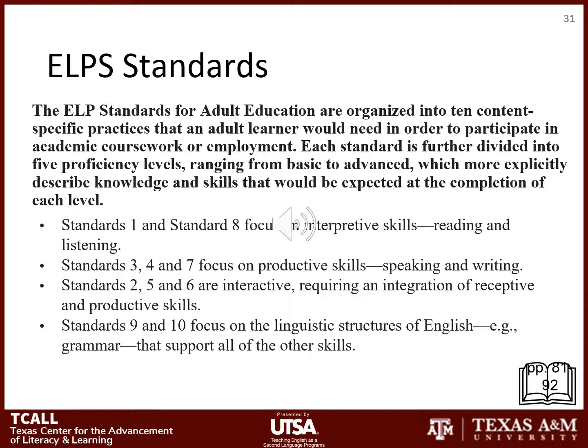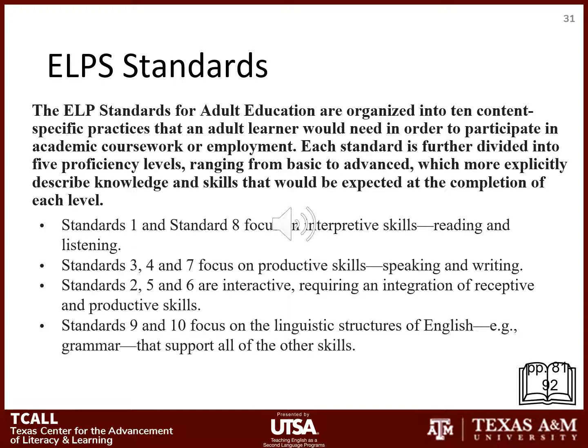Standards 1 and 8 are focusing on interpretive skills, reading and listening, and so they can give you some help in thinking about types of understanding or learner outcomes that are related to inferring or interpreting. Standards 3, 4, and 7 are focused on productive skills like speaking and writing.